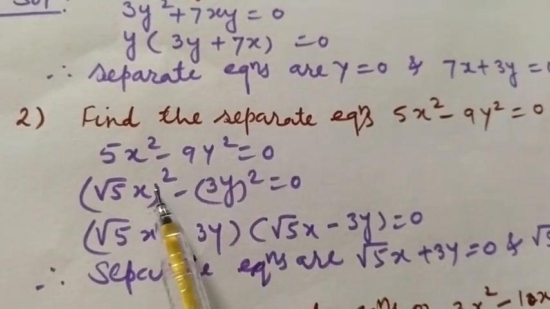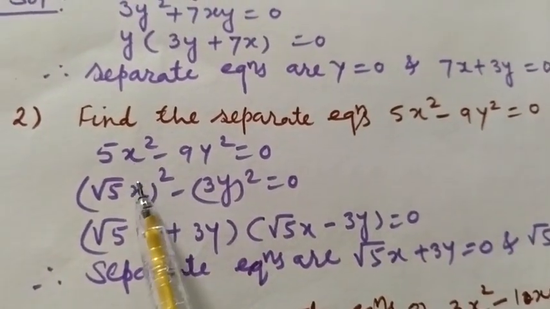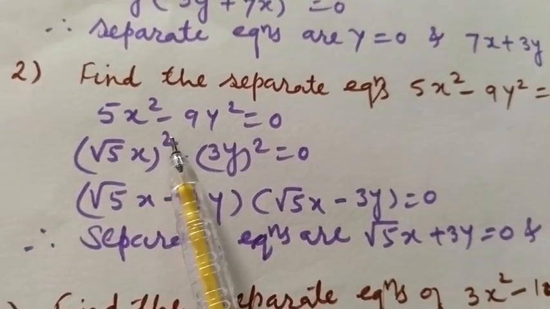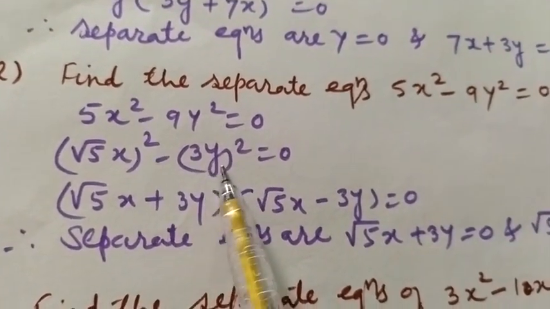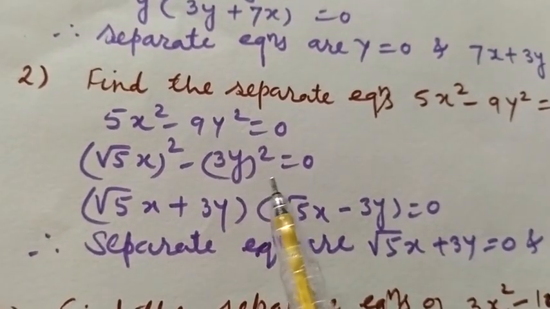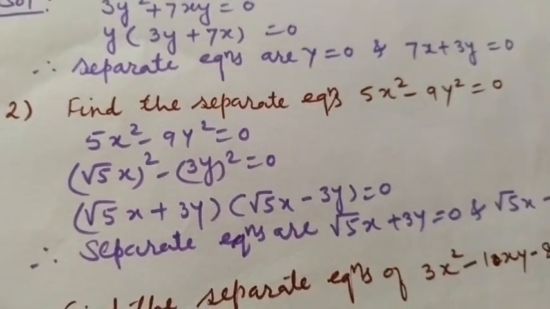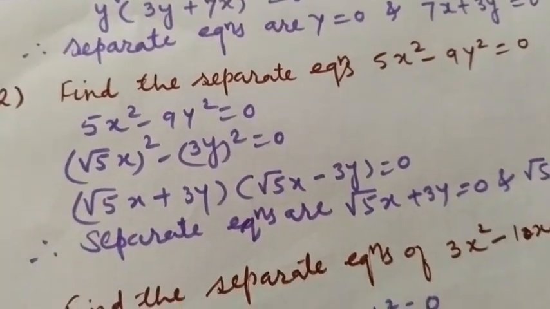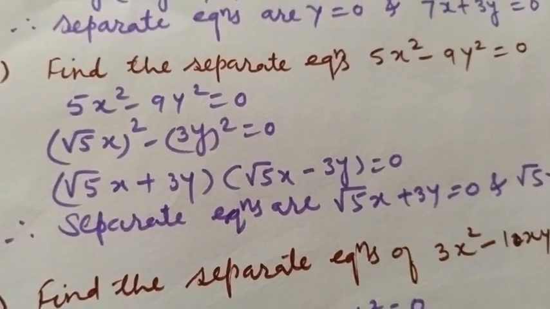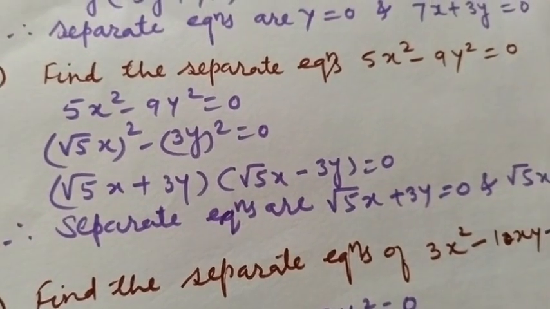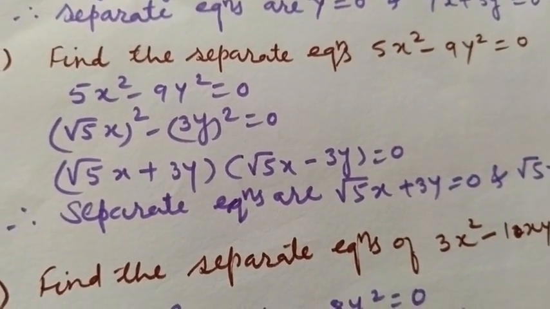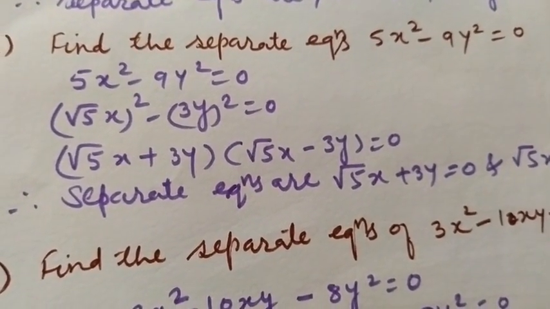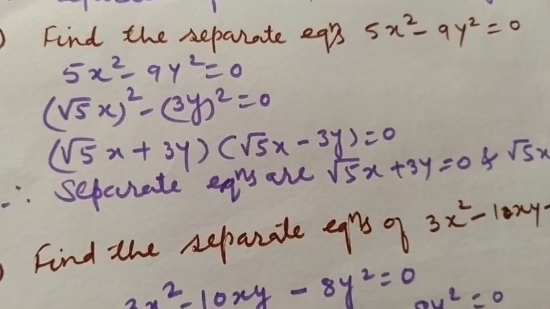Take this equation as it is. Now 5x² can be written in square form as (√5 x)², and 9y² is (3y)², so it is in the form of an algebraic formula. So we will get (√5 x + 3y)(√5 x − 3y) = 0.